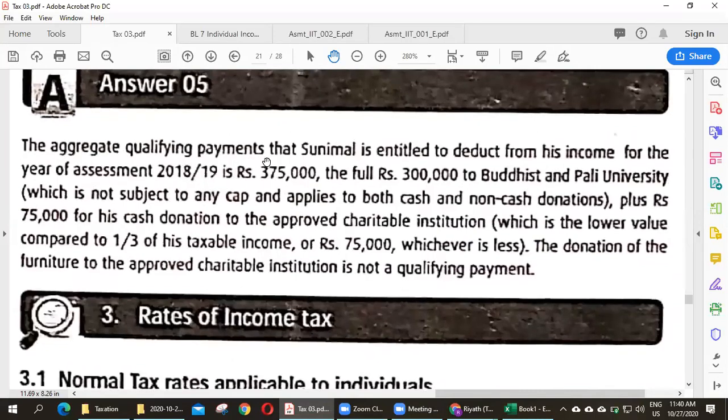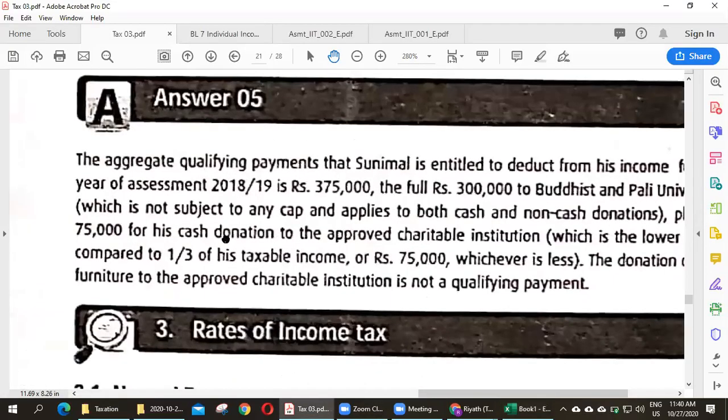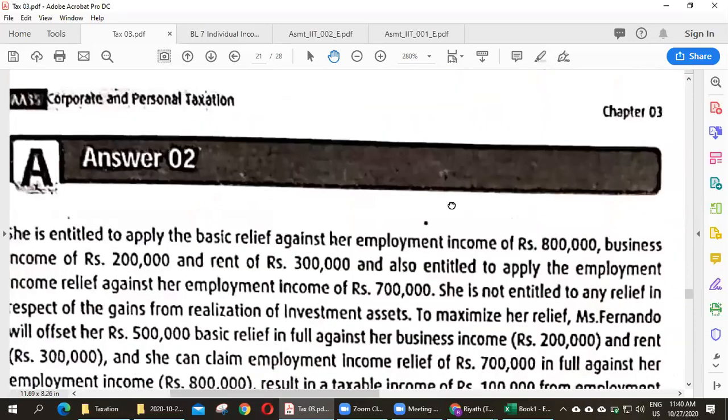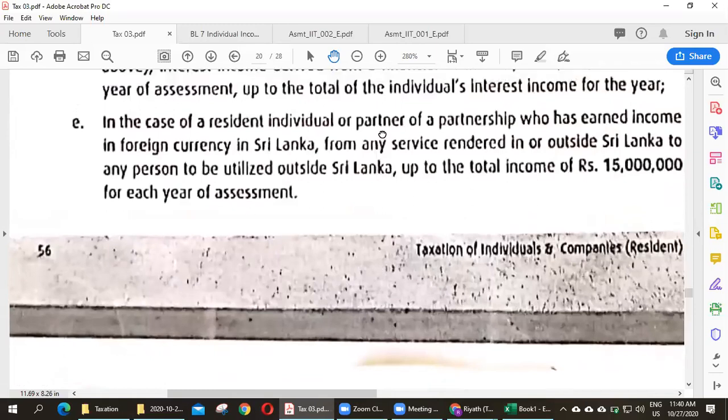The aggregate qualifying payment that Sunimal is entitled to deduct from his employment income for the year of assessment 2018/19 is 375,000. Right? Let's see. Right, I made a mistake. What's the mistake? What's the maximum limit the Act says? 75,000.